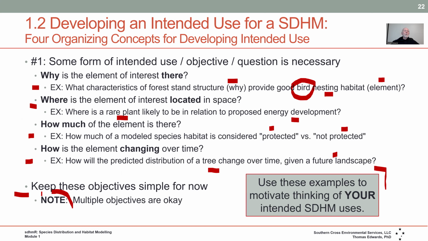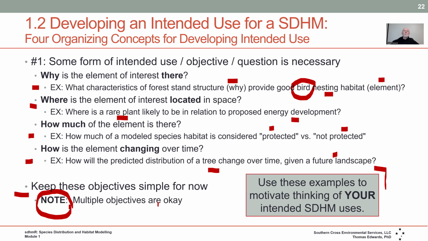And it's also important to note that combinations of these four questions are perfectly okay. So it might be that I need to understand where something is located and how much of something is as a two-pronged approach to development. Conceivably, you can use all four.